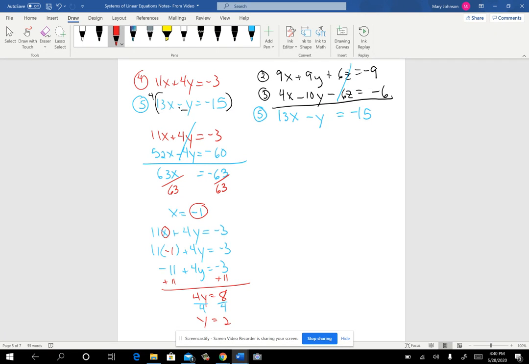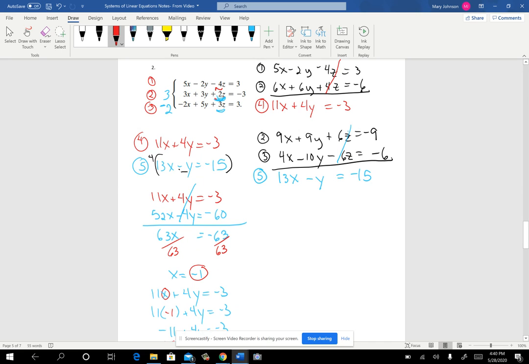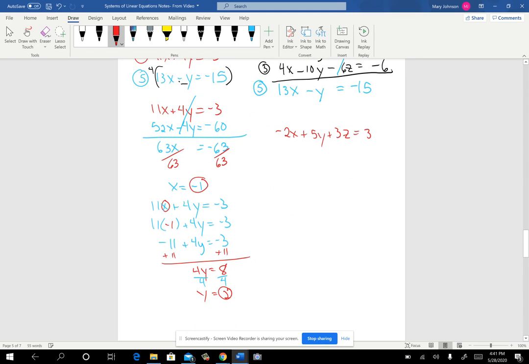So I knew my x, I now found my y, and to get z, I have to go to one of the first 3 equations that had a z in them. So I'm just going to take one of them. Like, I just took the third one. You could take any one of them. So here was an equation that had a z in it, and now where the x is, I'm going to put negative 1.